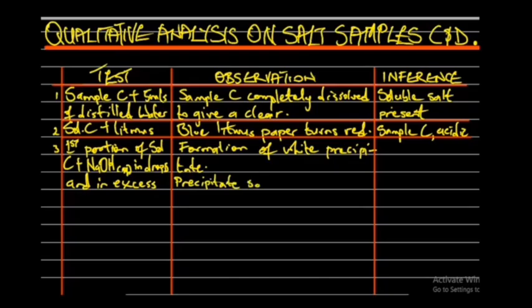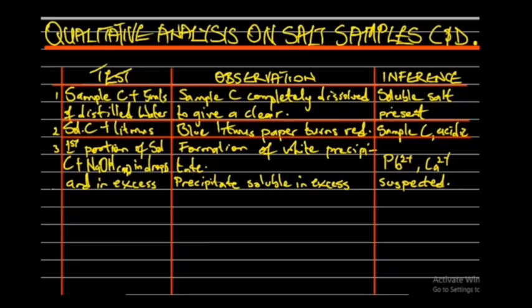Precipitate soluble in excess sodium hydroxide. That told us that we probably had lead 2+ or calcium 2+. We suspect that we have one of these in this particular test that we have just carried out.